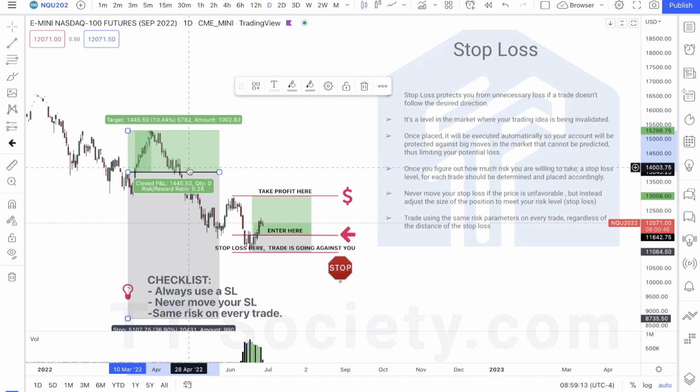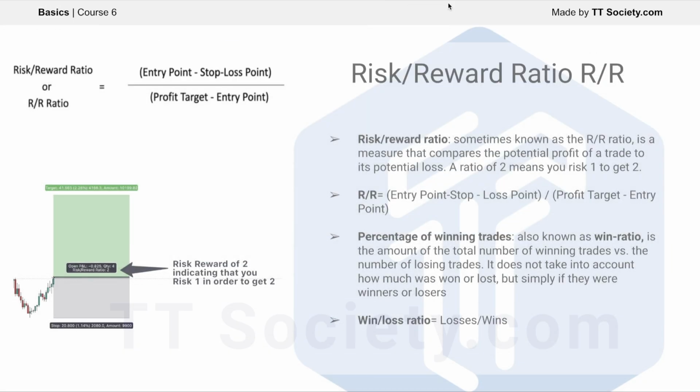Keep that in mind. Risk reward ratio, R&R, is a measure that compares the potential profit of a trade to its potential loss. So a ratio of 2 means you risk 1 in order to get 2.